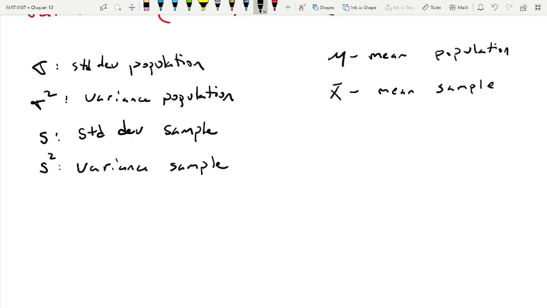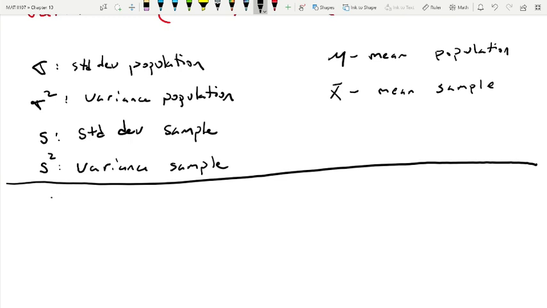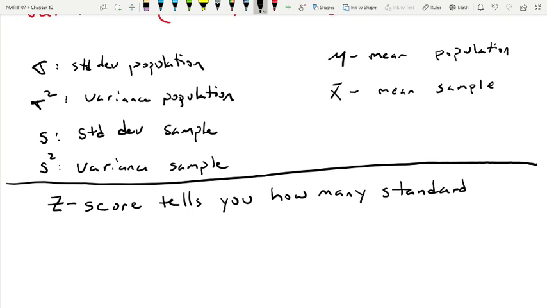So in terms of some of the symbols you'll see, right? Other things you'll see in terms of all this stuff has to do with what is called a z-score, which really tells you how many standard deviations you are away from the mean.